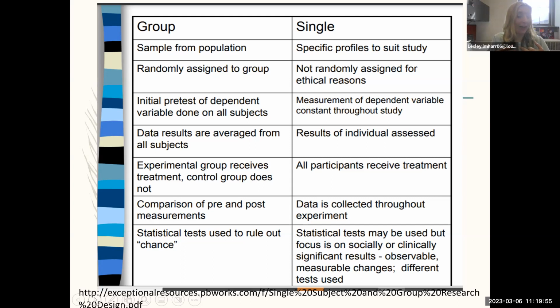We look at averages across all subjects. The experimental group tends to receive the treatment. The control group does not, or they get treatment as usual. Then we compare pre-post measurements.